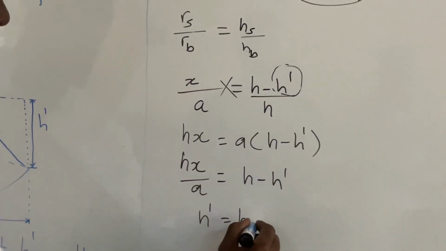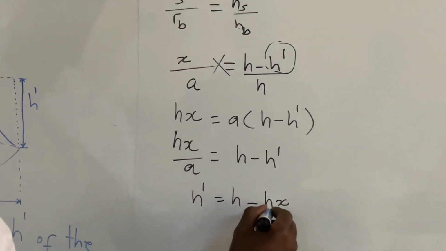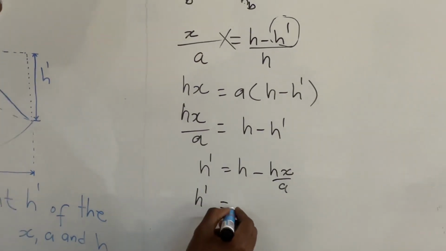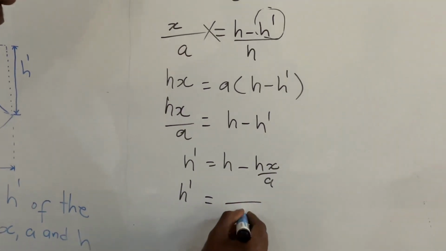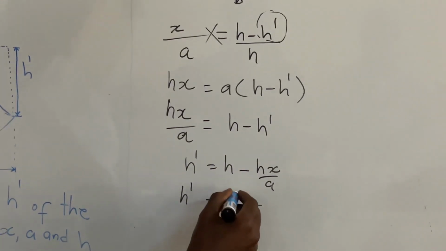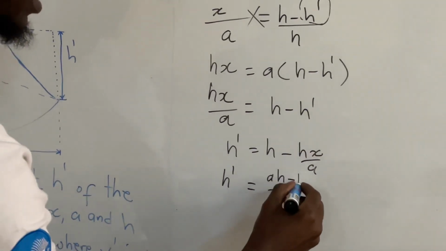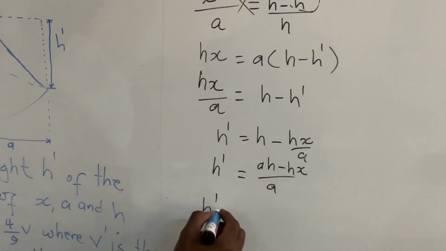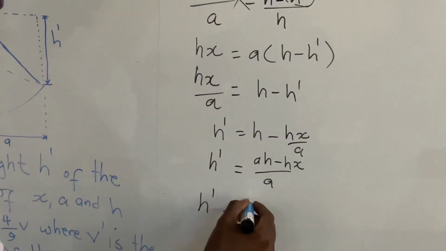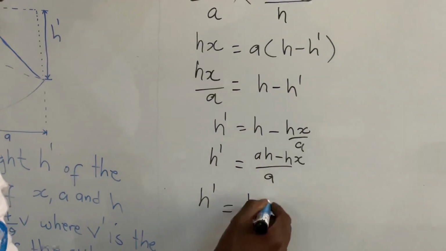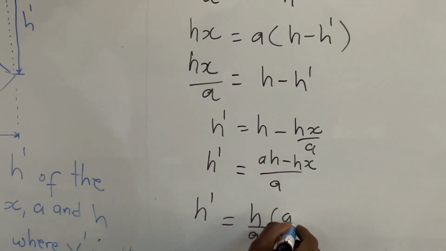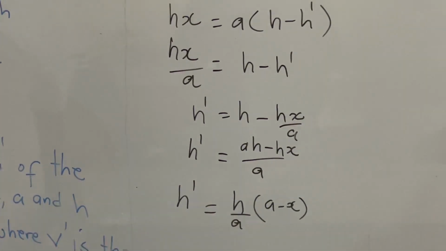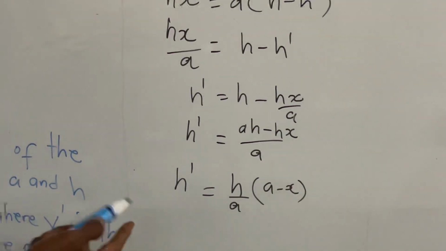When this one crosses, it becomes negative, which I can rewrite with LCM a as ah minus hx. So I can conclude that h prime is given by h over a into a minus x. Therefore part A is done.